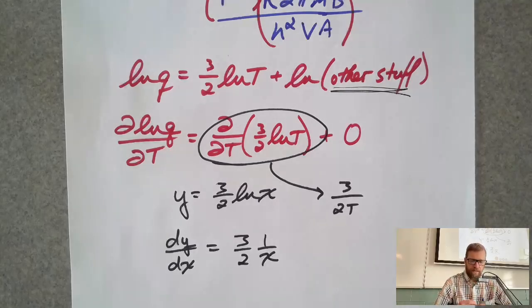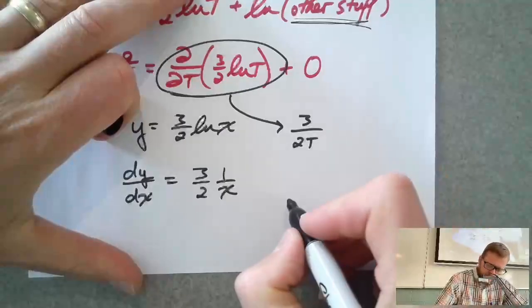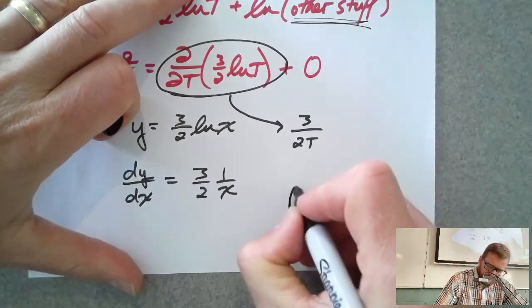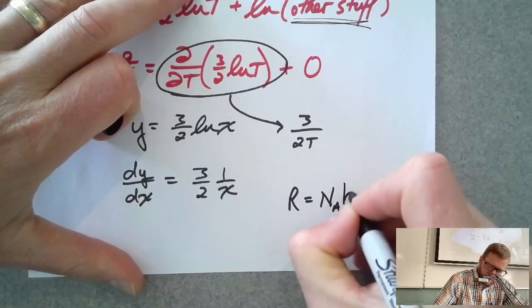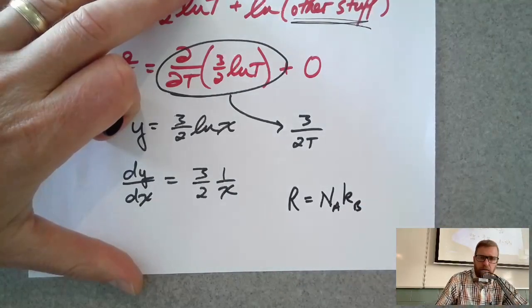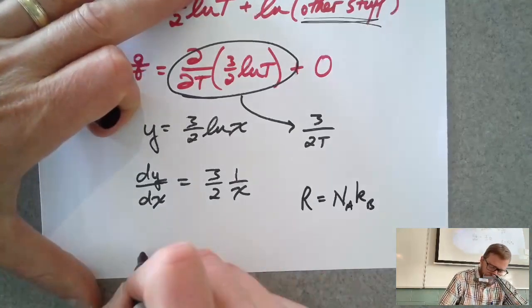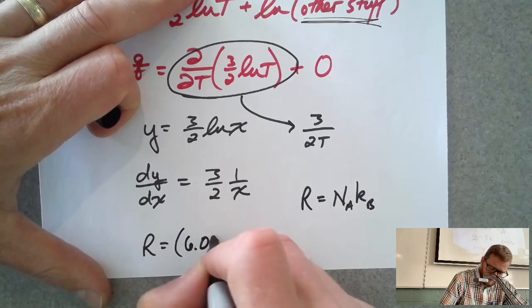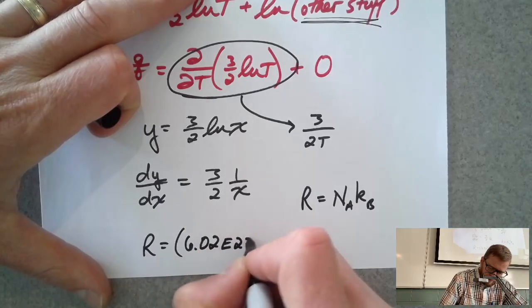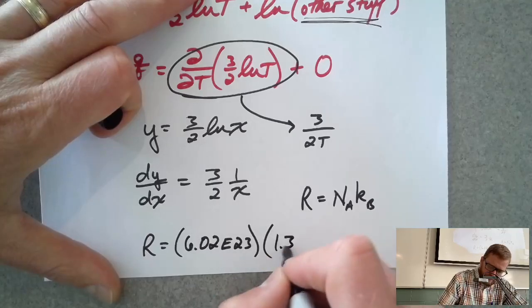Now, the ideal gas law, remember that R is equal to N_A K_B, where N_A is Avogadro's number and KB is Boltzmann's constant.